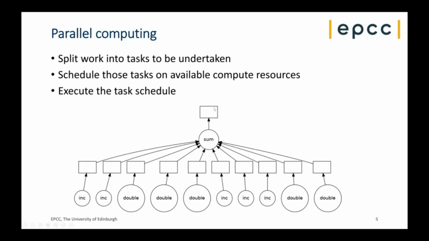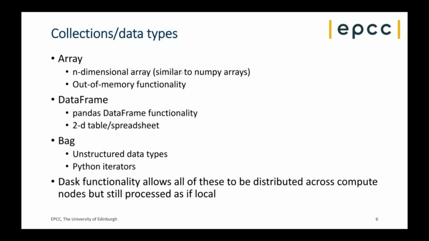As this task graph shows, all these things on the bottom row can be done independently, and then the results of all of those need to be gathered together in a single place to do a sum and produce an output. And that's the kind of thing that Dask will be taking care of for you.